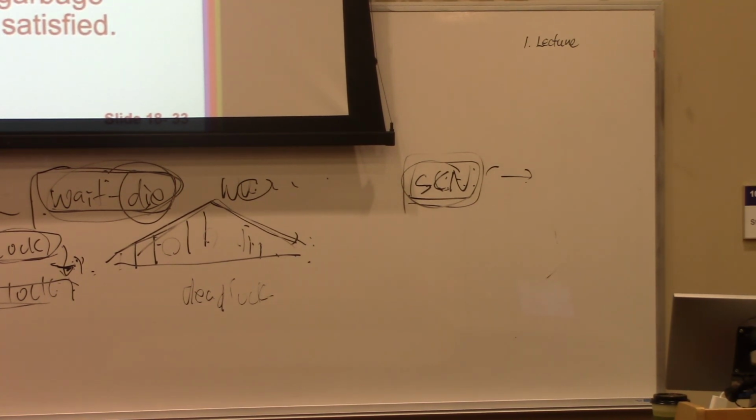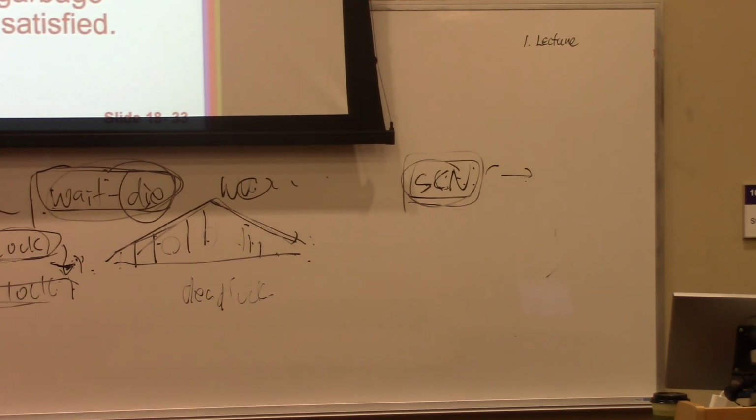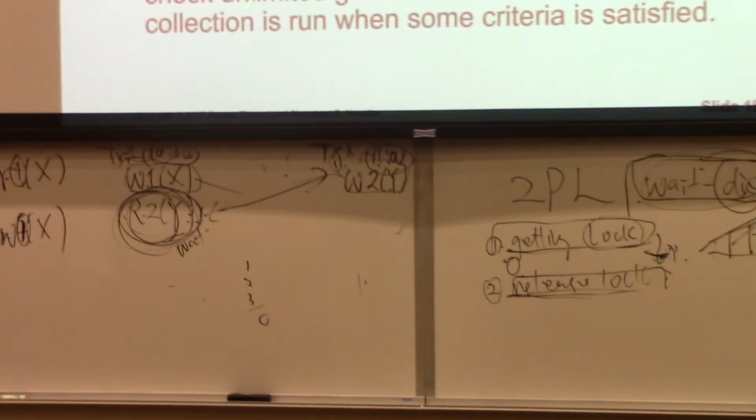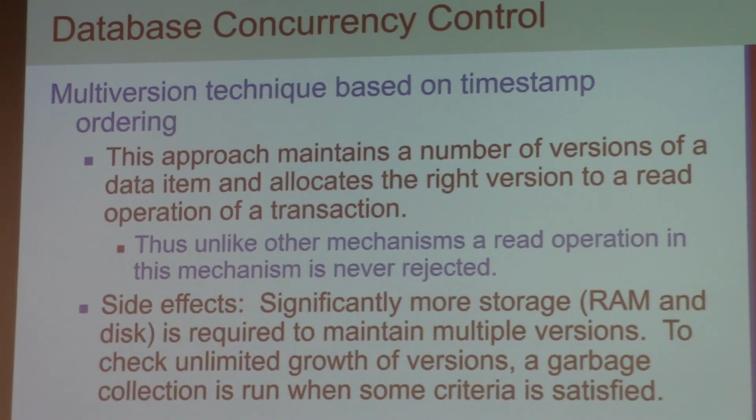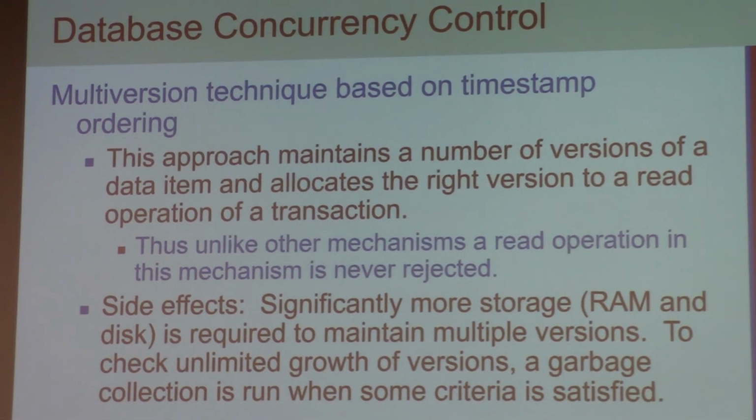But as we discussed before, in transaction management we support different isolation levels. To support them, I already explained the multi-version technique. So we can adapt the multi-version technique with the timestamp also. That is called the multi-version technique based on timestamp.